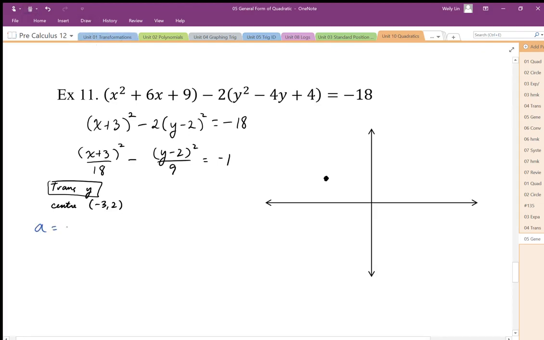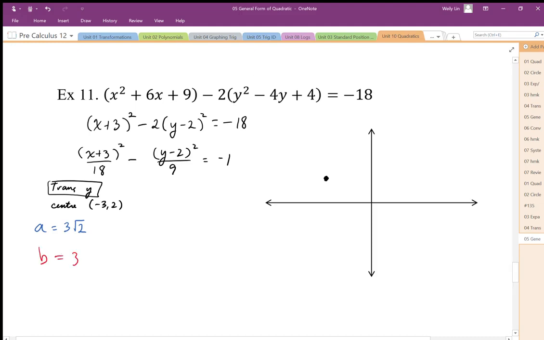My a and b values. My a value is going to be the square root of 18, so it's going to be 3 root 2. That's just about 4, let's say just slightly bigger than 4, let's say 4.2. And then the b value is equal to 3.